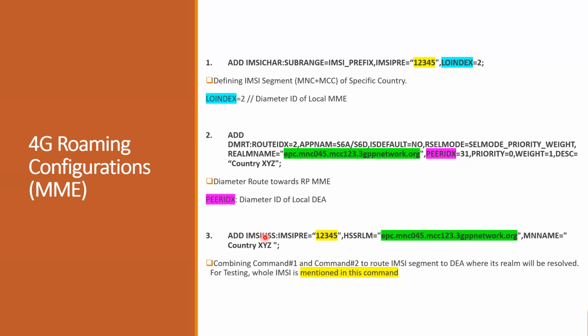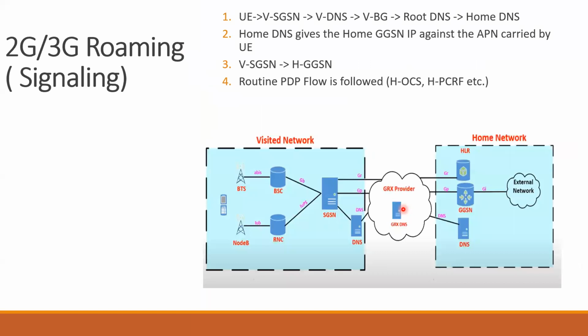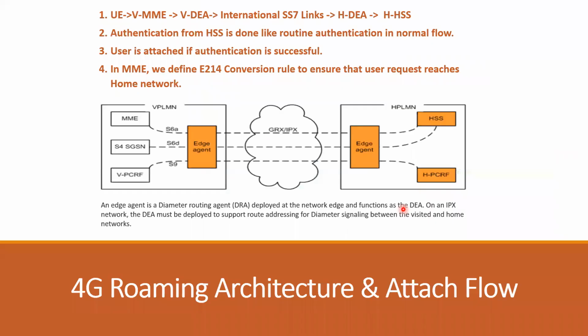So the add IMSI HSS command is basically combining your IMSI prefix with your HSS realm, and the HSS realm is going to be the same realm name which is mentioned in the add diameter route command, and you have the option of adding the country name here as well, right?